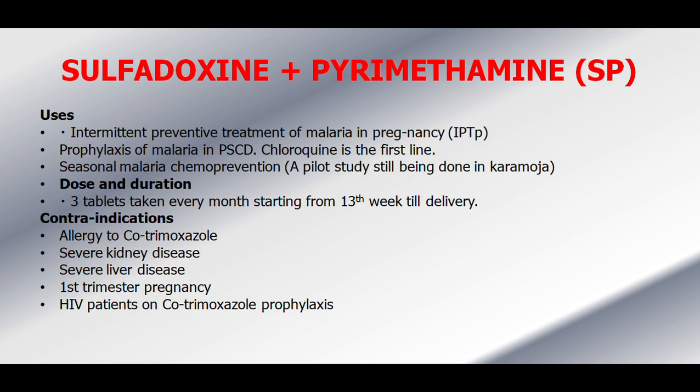Then thirdly, it's used in seasonal malaria chemo prevention. Now, seasonal malaria chemo prevention is an approach to prevention that is upcoming. Like in this case, I'll put in bracket, there's a pilot study being done in Karamoja. Now, scientists have discovered that malaria tends to be seasonal.